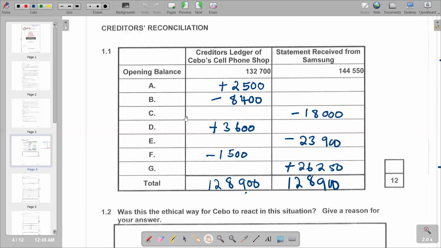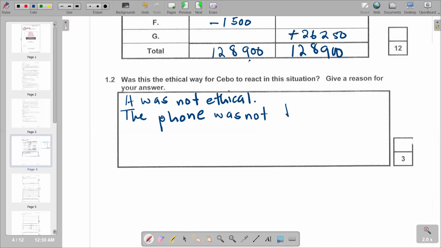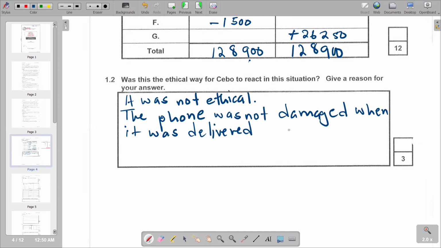So going to our answer section, we can just respond as such, whereby we say it was not ethical, is the first response. The reason: the phone was not damaged, so it should not be sent back.